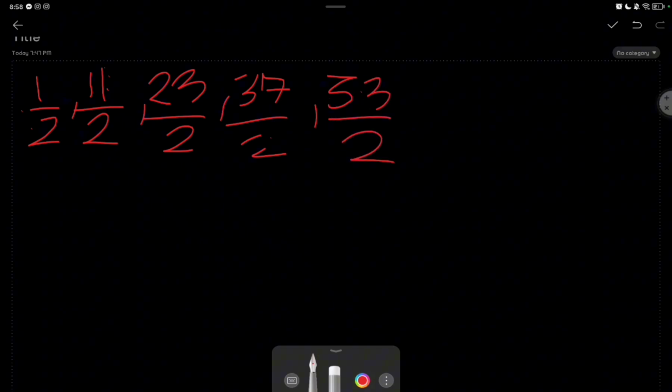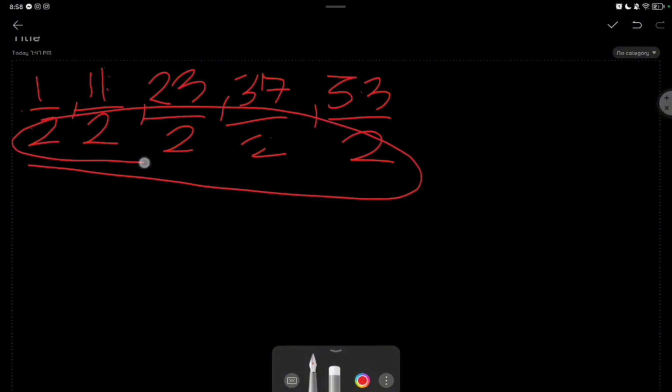So as you can see, the denominator is stable. It is 2, so we will write it for the next three terms.